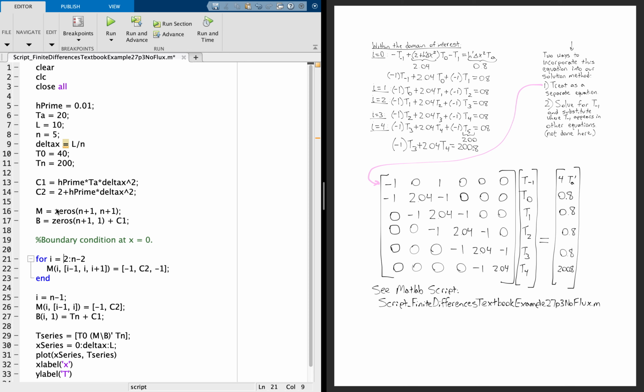And what we need to do here is we're going to have I equals 0 starting at T0, and we're going to go to n minus 2, so T0 to T3 in this case. Okay, the diagonal is going to be C2, so the row is going to be I plus 2 in the beginning.